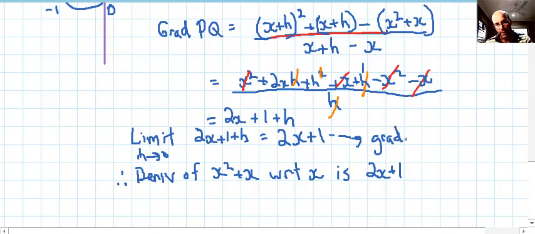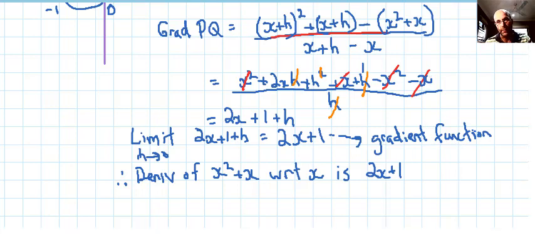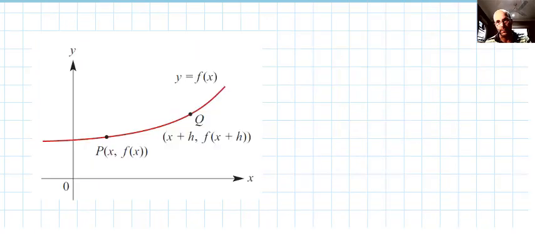We'll look at more of that in the future, but it's a function that describes the gradient at any point on x squared plus x. Okay, so the derivative can also be called the gradient function because the derivative itself is a function unless you're picking on one particular point. We're not in this, we're looking at it overall for the whole curve.